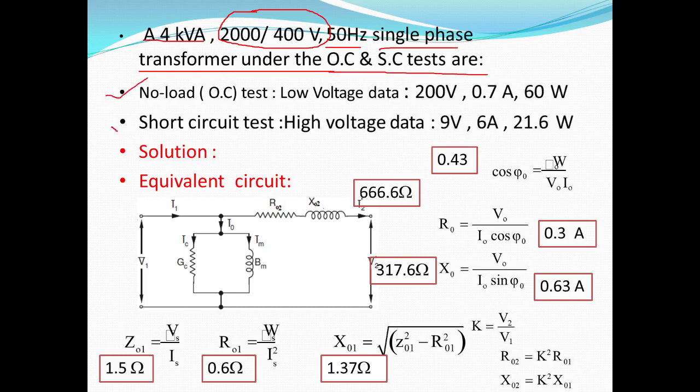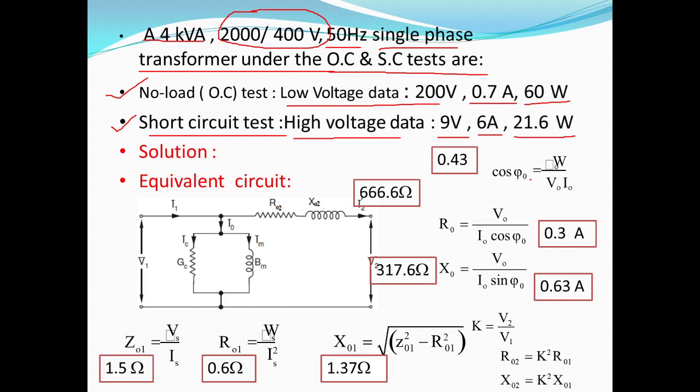Under no load condition, the OC test is performed on the low voltage side: 200 volts, 0.7 ampere and 60 watts. Whereas the short circuit test is performed on the HV side, with the LV side short circuited. The readings are 9 volts, 6 amperes and 21.6 watts: the voltmeter, ammeter and wattmeter readings.